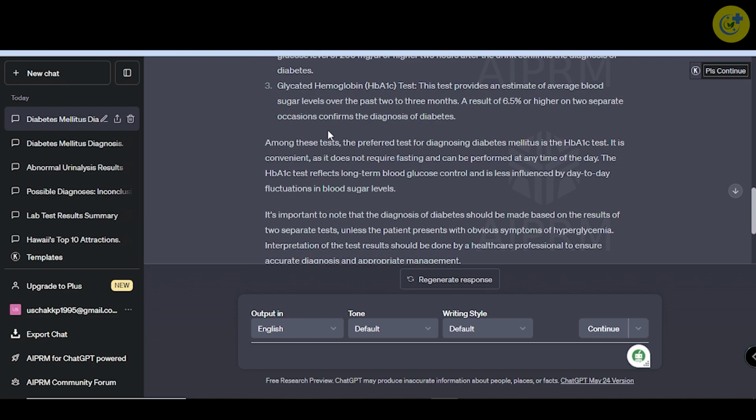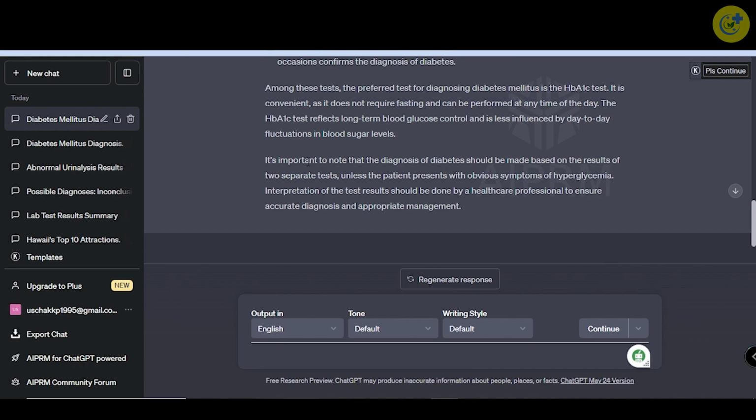Among these tests, the preferred test for diagnosing diabetes mellitus is the HbA1c test. It is convenient as it does not require fasting and can be performed at any time of the day. The HbA1c test reflects long-term blood glucose control and is less influenced by day-to-day fluctuations in blood sugar levels.